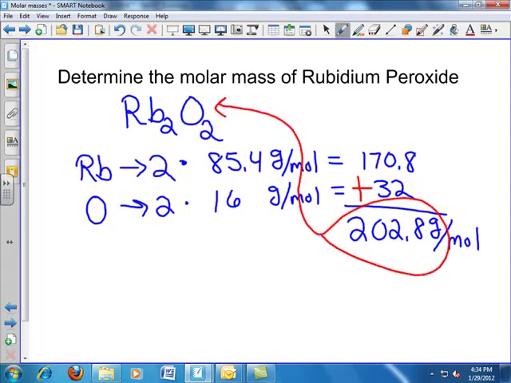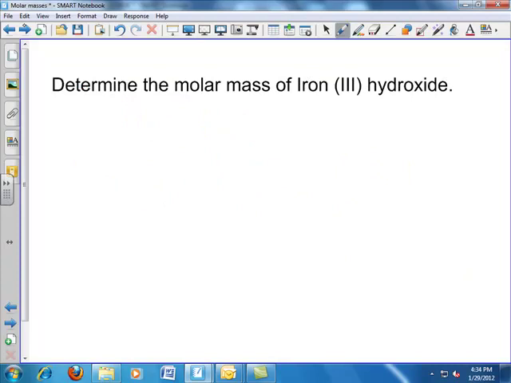One last one. Put this one in your notes and tell me the molar mass of this one. So you have iron 3 hydroxide in this compound. For iron, there's 1 iron at 55.8 grams per mole.